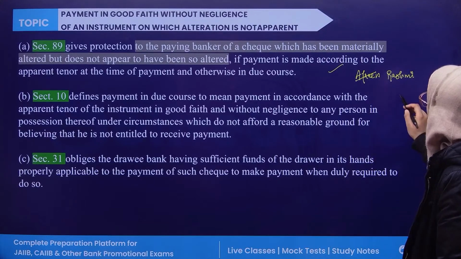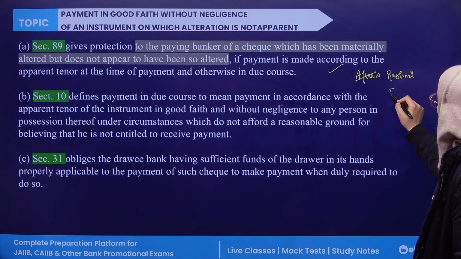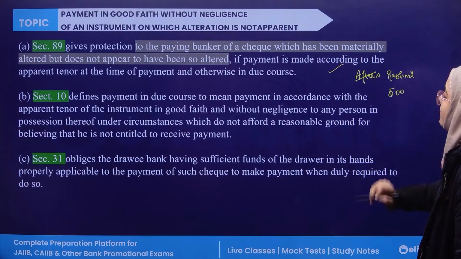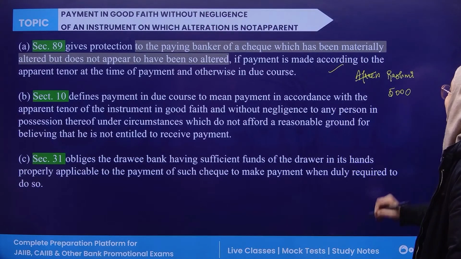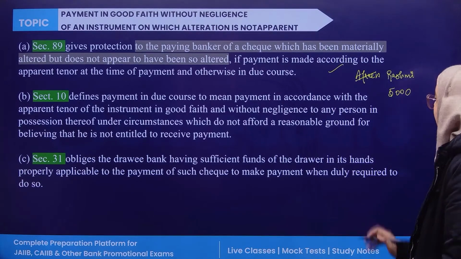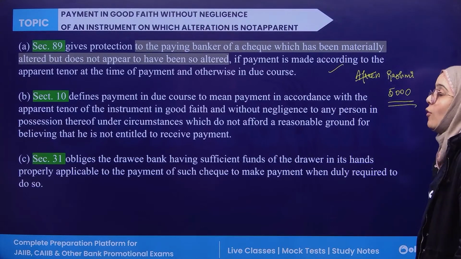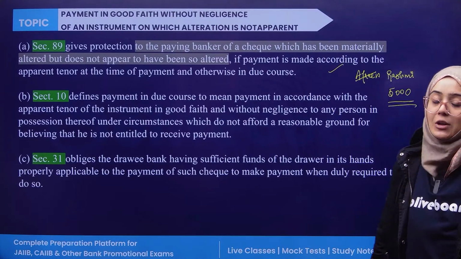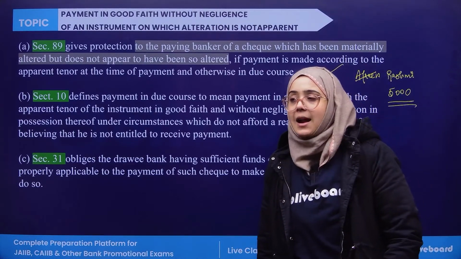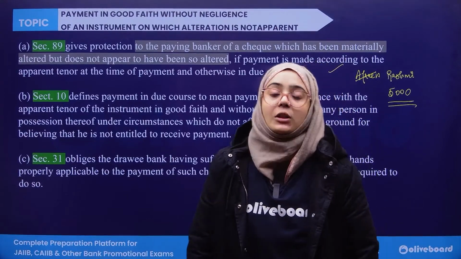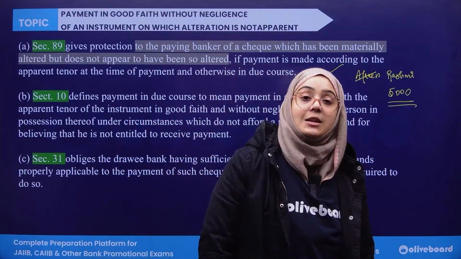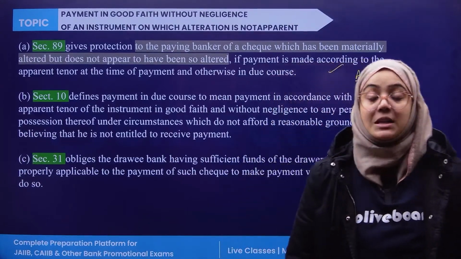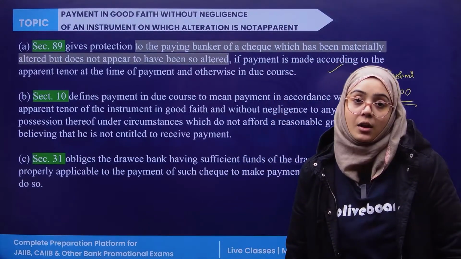But for example, there is a check in which 500 rupees is mentioned. Now, one more zero is added, and the check is altered to 5,000. This alteration is so perfect that it is nearly impossible for trained eyes to detect it. Originally, the check was 500, but it was materially altered to 5,000.